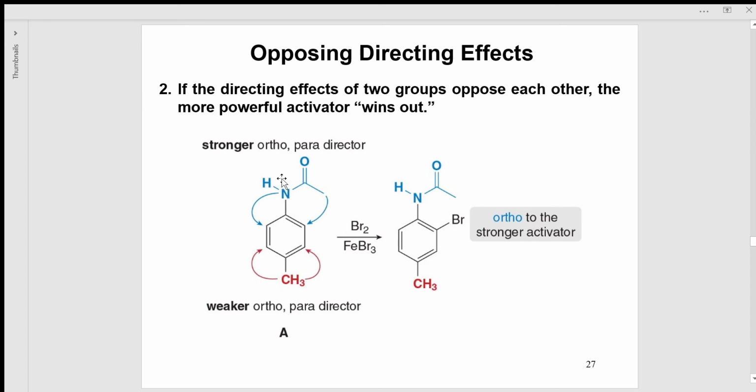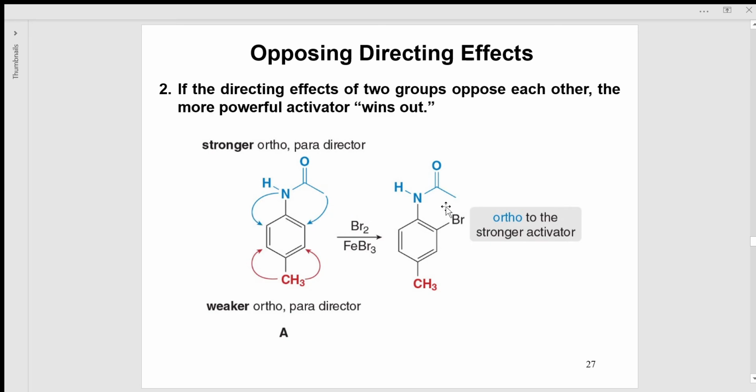I would say the amine is a stronger electron donating group than the methyl group. Both groups are electron donating groups. So the methyl group prefers the bromination reaction here at the ortho position, but the amine group prefers to have the reaction at these two positions.